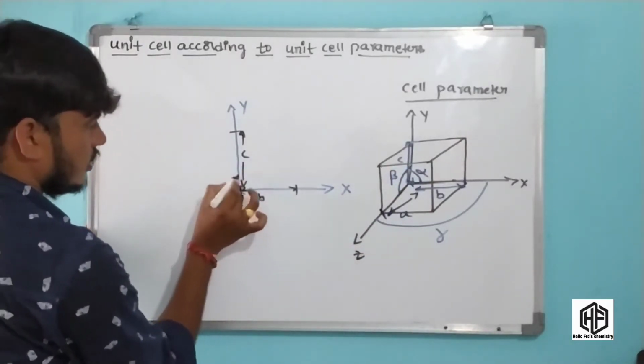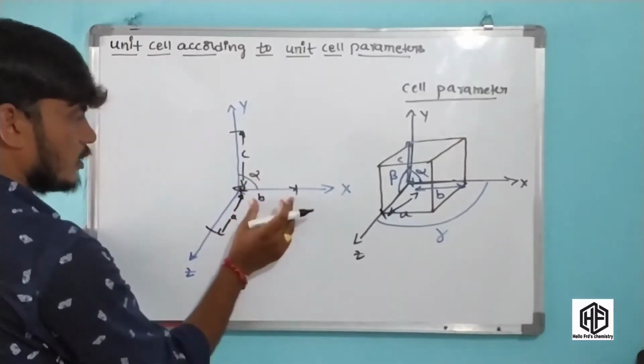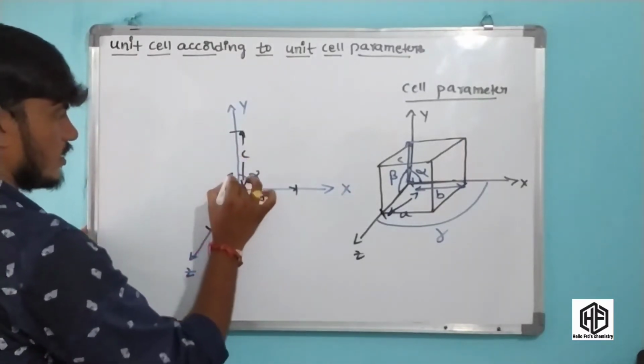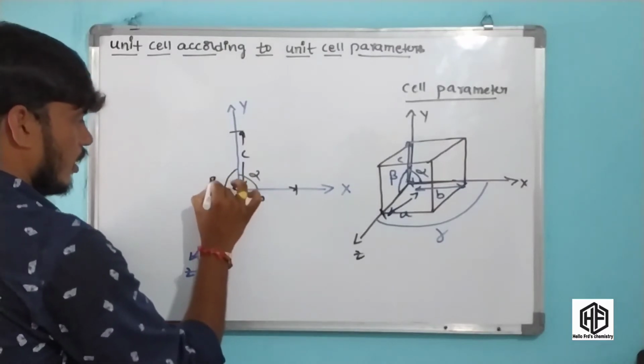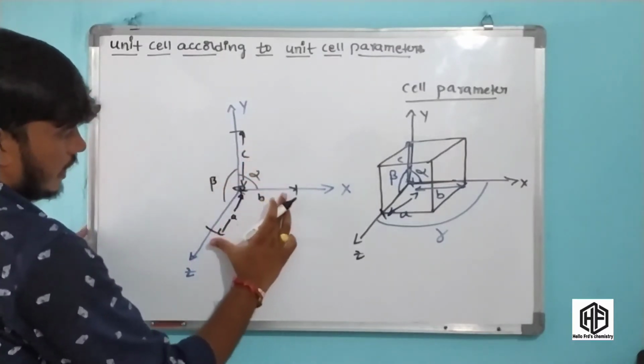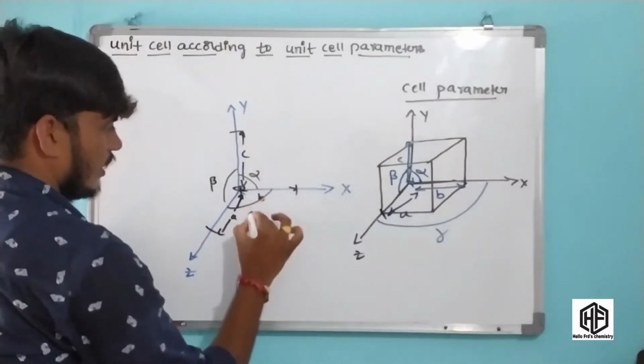And a is perpendicular to these two axes, this angle is alpha. b is perpendicular to these two axes, this angle is beta. c is perpendicular to these two axes, this angle is gamma.